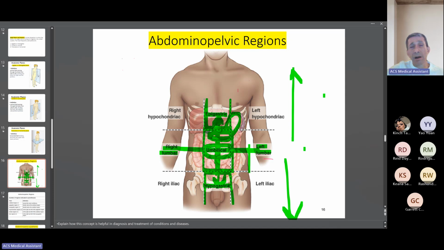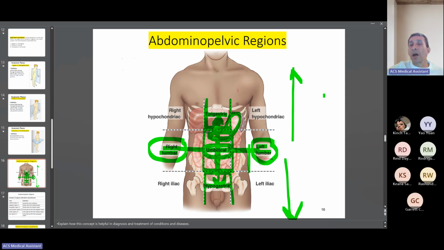These 9 regions are a little complex, because there are 9 of them, and then you're gonna have all these names to the right, the left. But do not worry, because they're not gonna ask you about the left lumbar. They're not gonna ask you about the right lumbar.